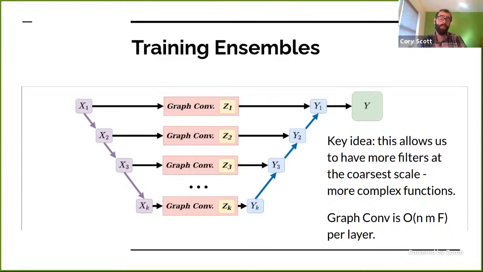And so what this approach lets us do is have many, many more channels, much more information per node at the coarsest scale, right? Because we've cut down both the number of nodes and number of edges by a lot, which means that we can have more filters, more features per node at the coarsest scale for the same computational cost.